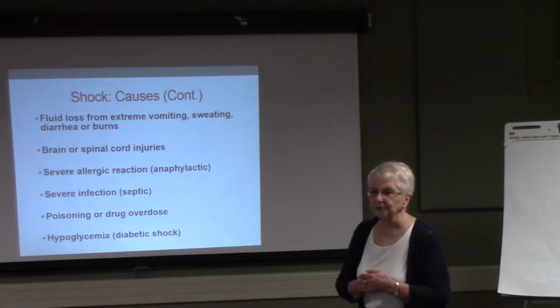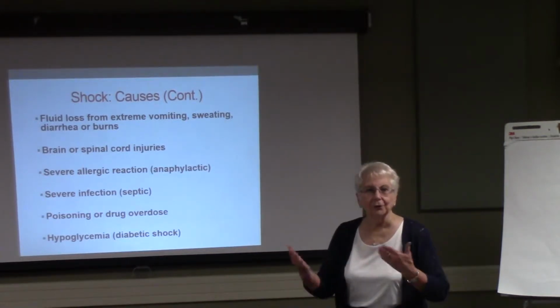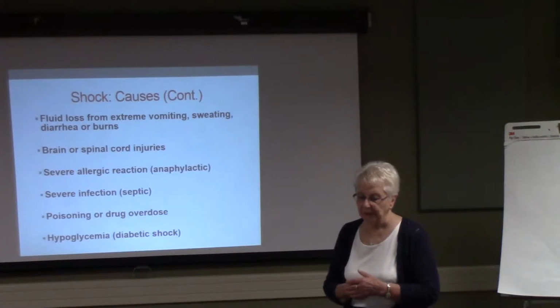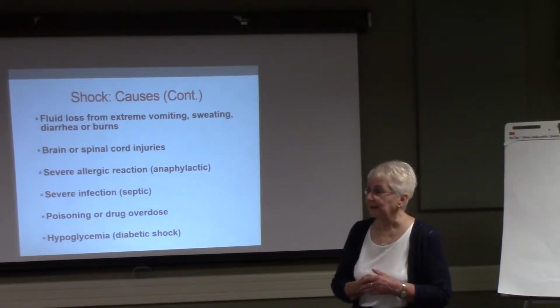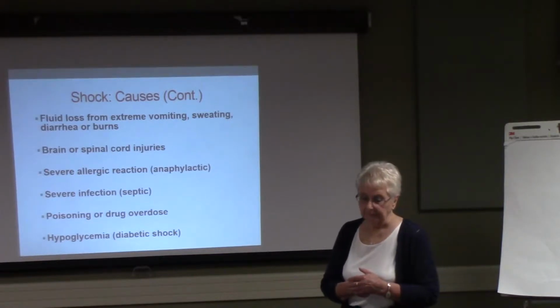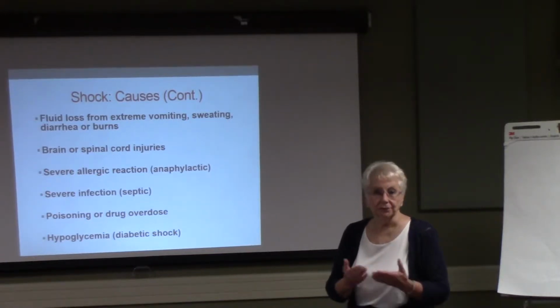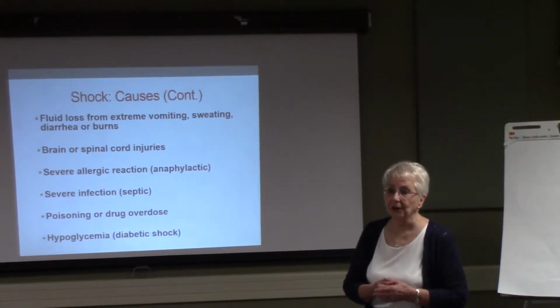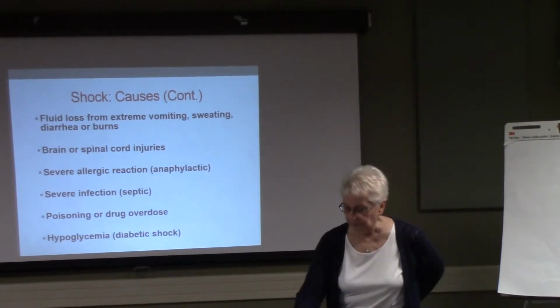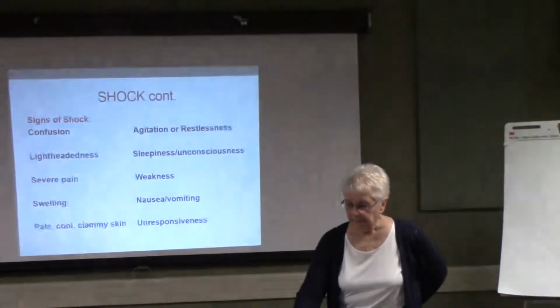Severe allergic reaction, that's anaphylactic shock. You've heard all of these terms. Severe infection, septic shock. A lot of times people die when they get sepsis, septic shock. Poisoning or drug overdose, and hypoglycemia, that's diabetic shock. Okay, there's a lot of reasons why it can happen.